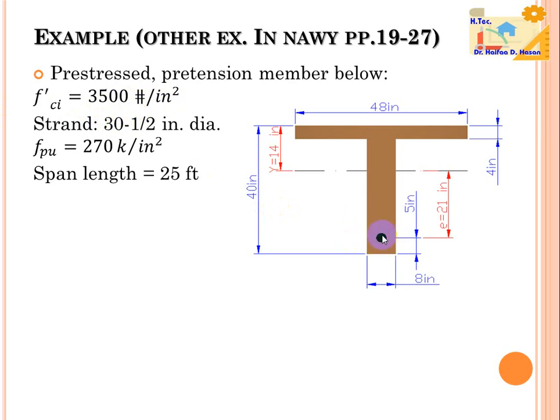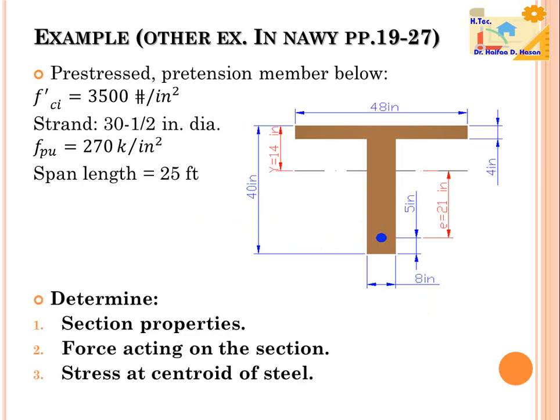Also we can see 30 strands with half inch diameter, fpu equal to 270 and span length 25 foot. Determine: 1. Section properties, 2. Force acting on the section, 3. Stress at the centroid of steel.